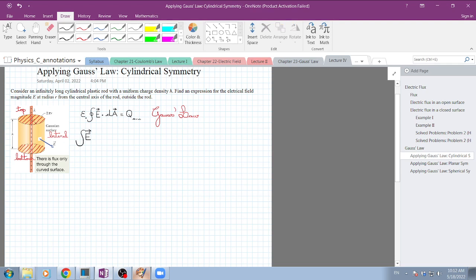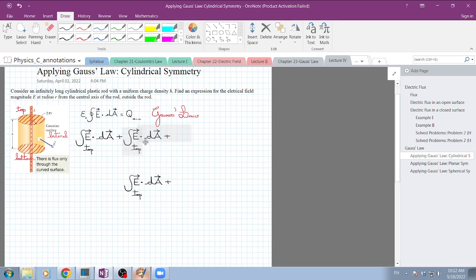the electrical field dot product with that area right there, and this is top, plus I'm going to call it another integral.